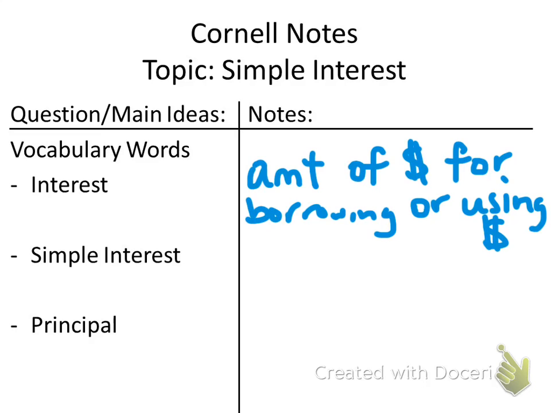So this is money that you either earn or you lose by having a loan. Simple interest is the money paid on the principal.